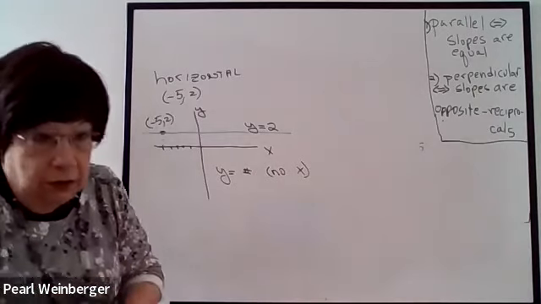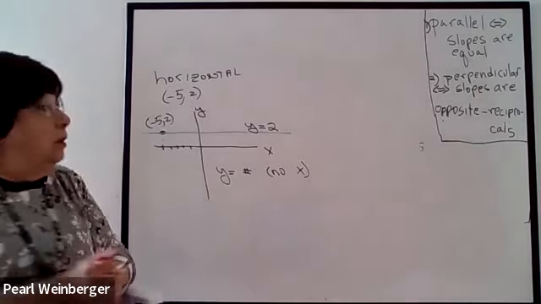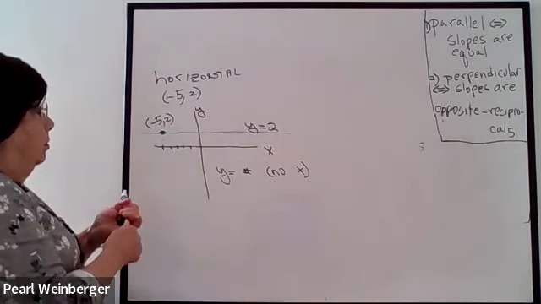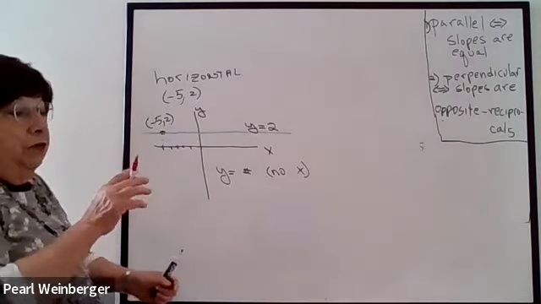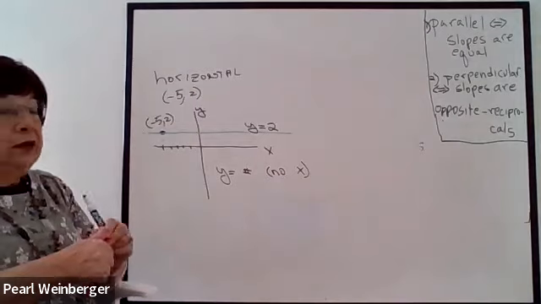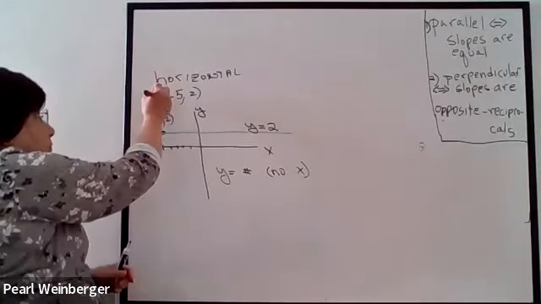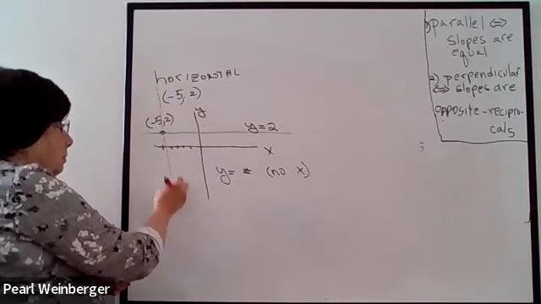Now, what if the question was not what is a horizontal line, but what is the vertical line through this point? So here's what the vertical line would look like.